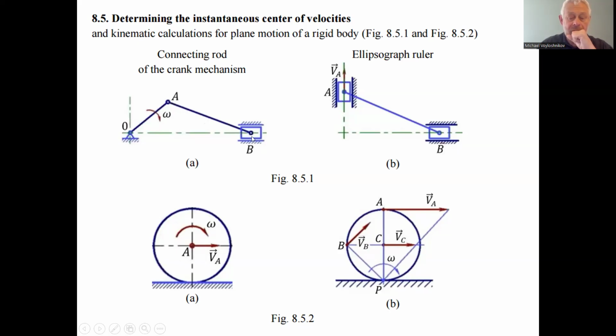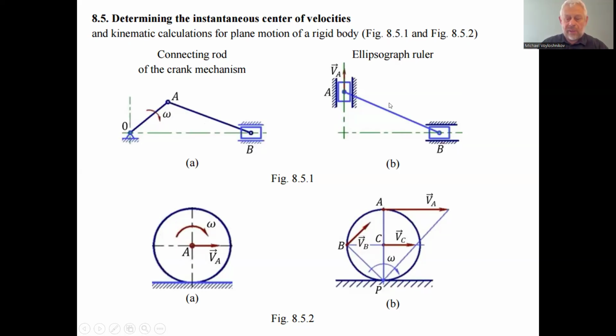In the intersection with the perpendicular to the line of the motion of the slider B, we can find the instantaneous center of the velocities for the connecting rod, and to find the velocity of the point B, for example, if we have the velocity of the point A.